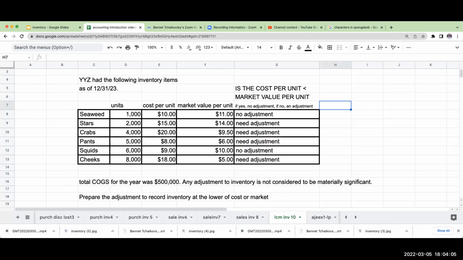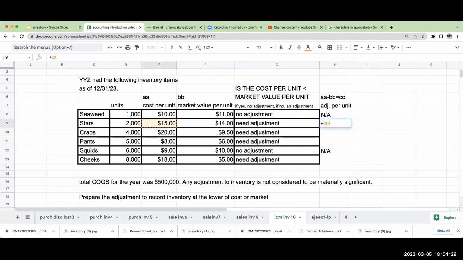Now, for those items that need adjustment, I'm going to do an adjustment per unit. The way I'm going to do that is I'm going to take the cost per unit minus the market value per unit. So this is not applicable. If it does not require an adjustment, it is not applicable.